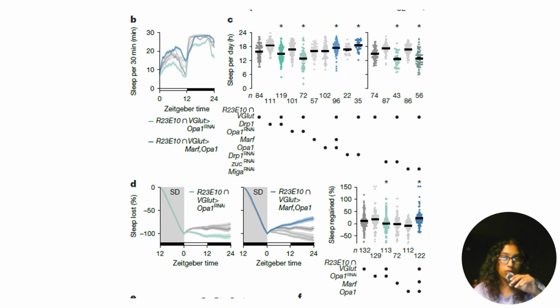But the combined role of OPA1 and MARF is the mechanism that promotes mitochondrial fusion, and it is also associated with counteracting mitochondrial fragmentation, which causes the sleep deprivation.